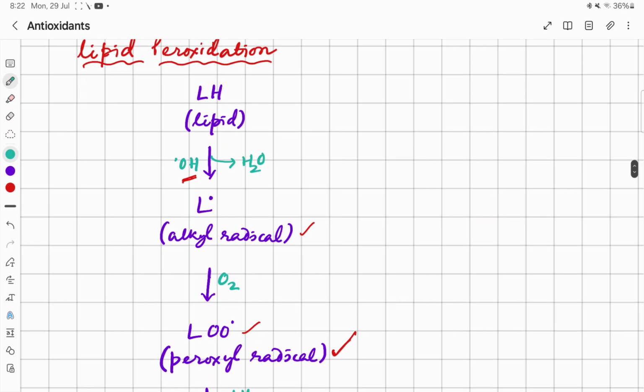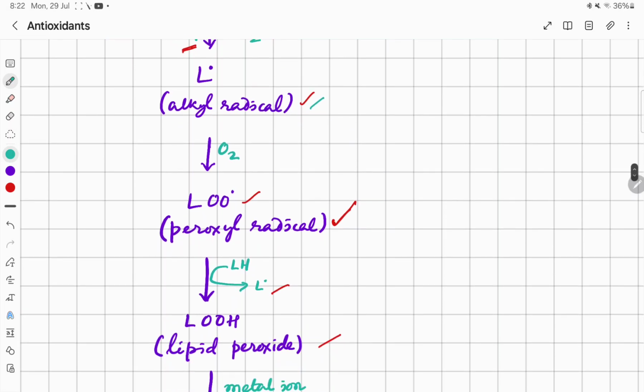The lipid in presence of the hydroxyl radical is converted to alkyl radical, then in presence of oxygen it is converted to peroxyl radical, and this peroxyl radical can be neutralized by vitamin E.